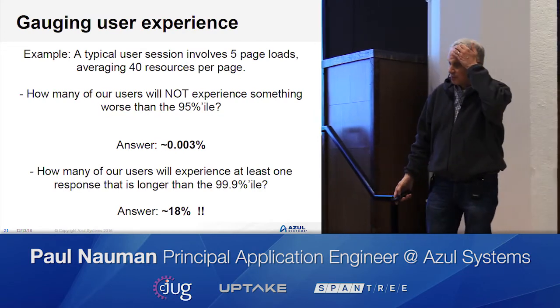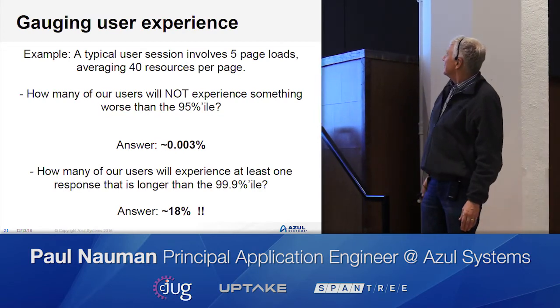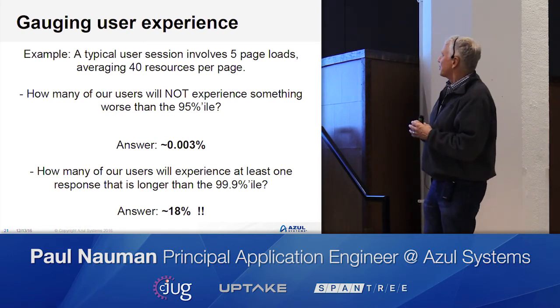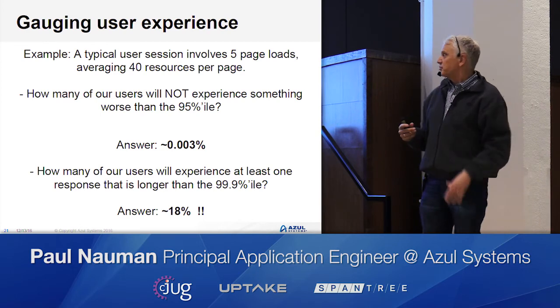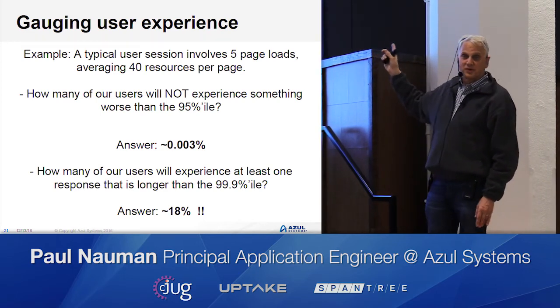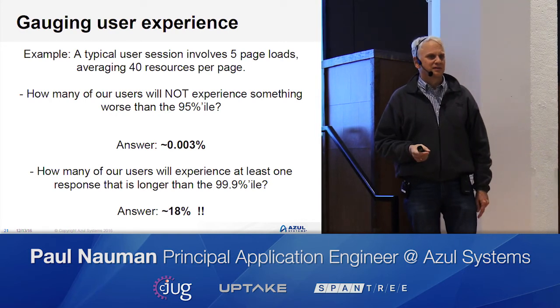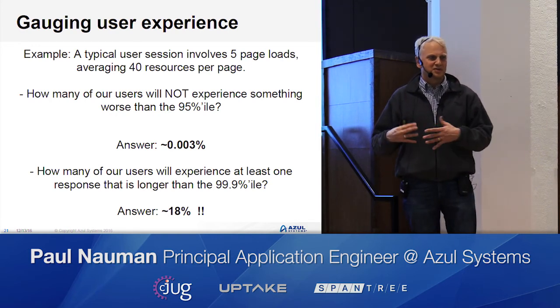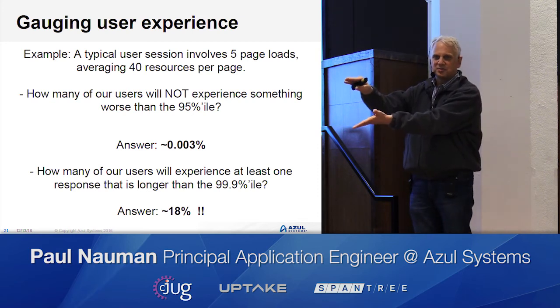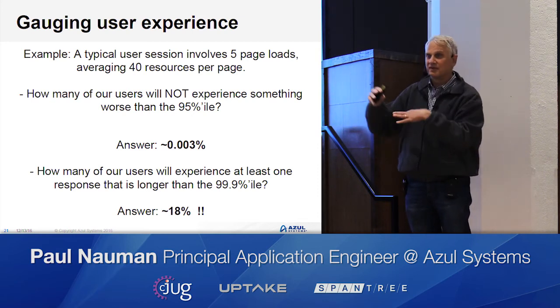So putting this into some more mathematical perspective: typical user session, 5-page loads, 40 resources or 40 requests per page. How many users will not experience something worse than the 95th percentile? A very small number. So we're hitting what we consider to be our worst case behavior very frequently.